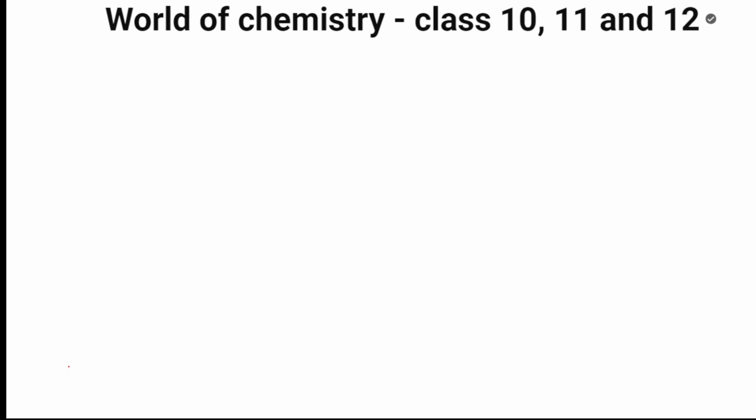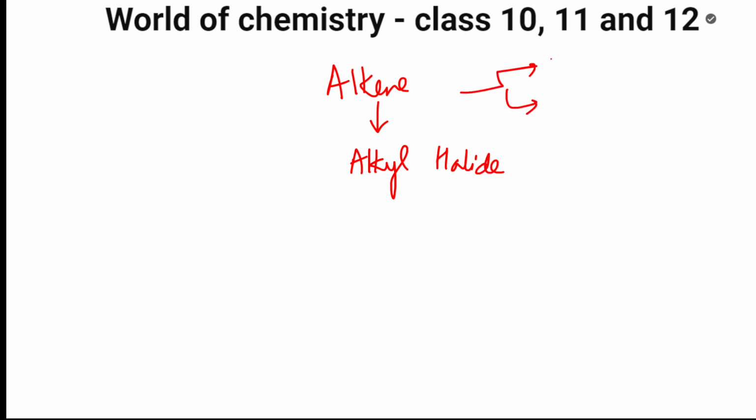First of all, whenever you're learning a particular reaction, that is conversion of alkene to alkyl halide, remember there are two methods. One is Markovnikov addition, one is anti-Markovnikov addition. In Markovnikov addition, there is no peroxide requirement.